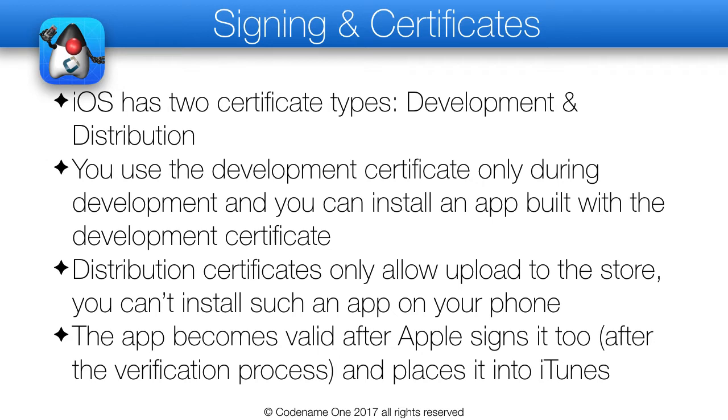But when you submit an app to Apple, you use a distribution certificate. Now, the moment you use a distribution certificate, you can't install it on your phone. You can only submit that app to Apple. And that app is reviewed by Apple engineers. And once they reviewed it, they sign it with their certificate. And that's the one the device checks.